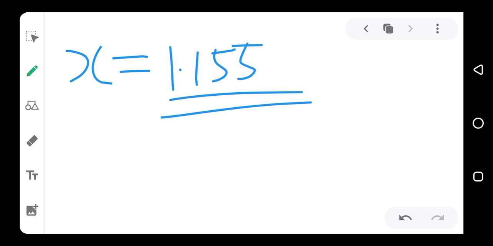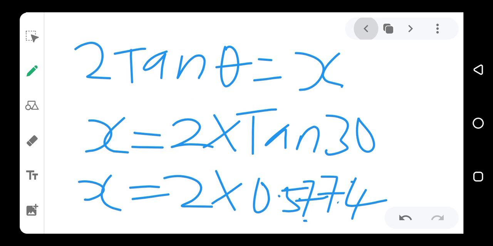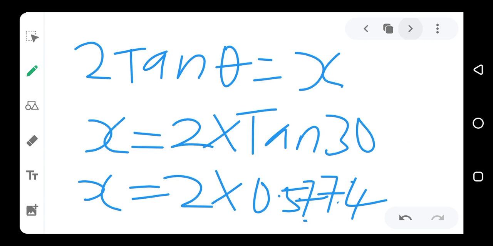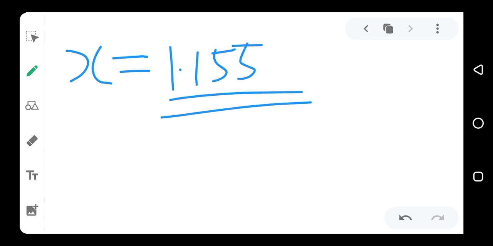This is the answer. That is the side opposite, so the opposite is equal to 1.155. That is how to solve this one.